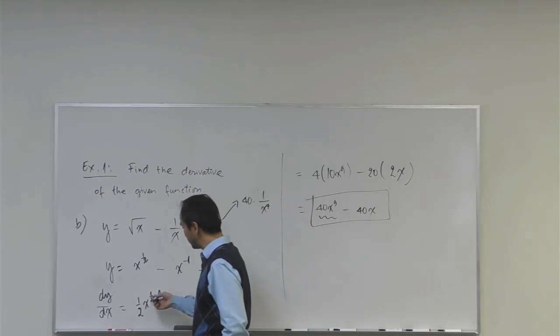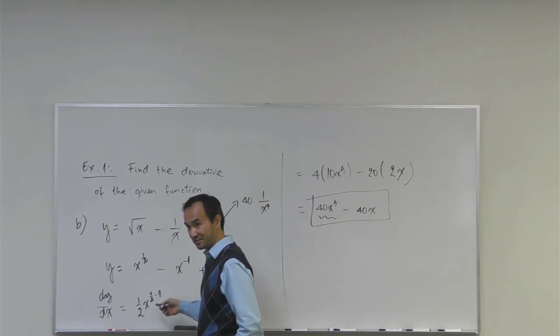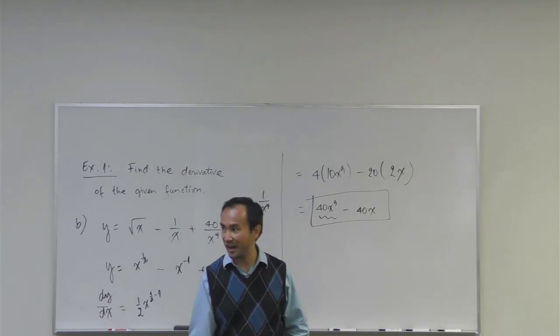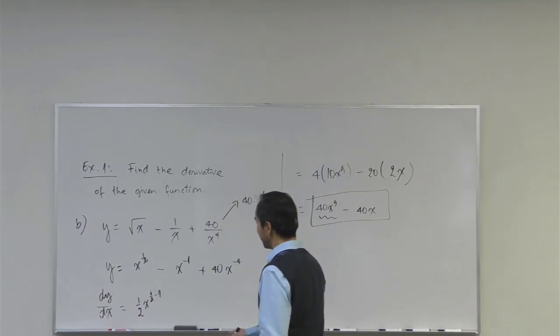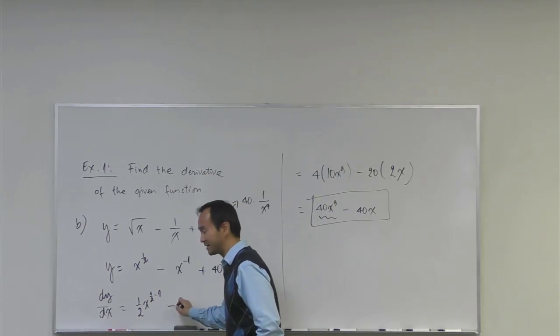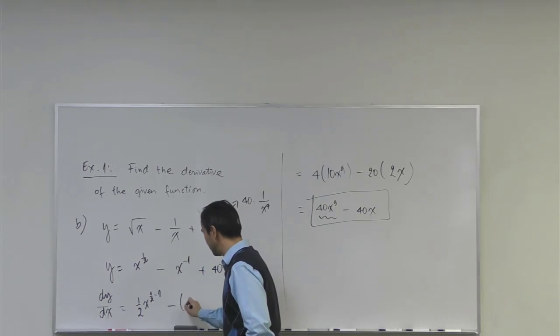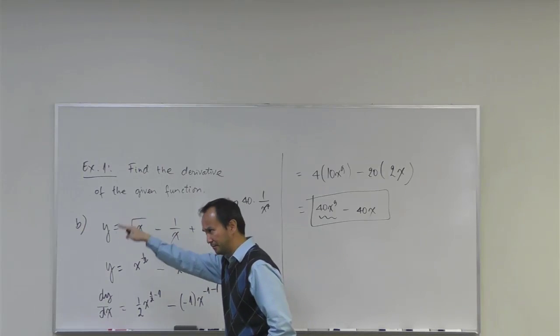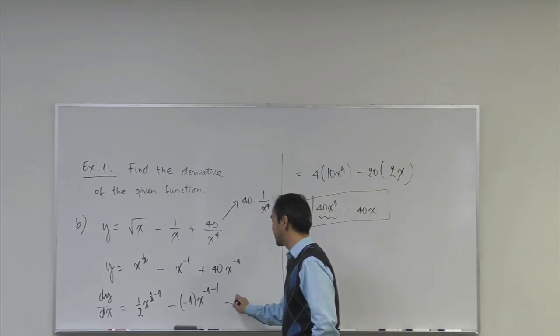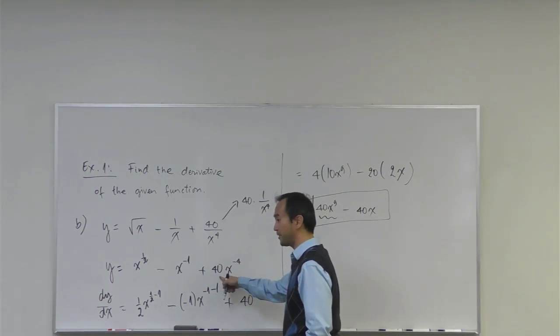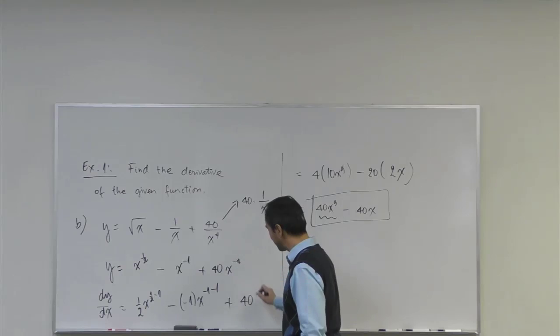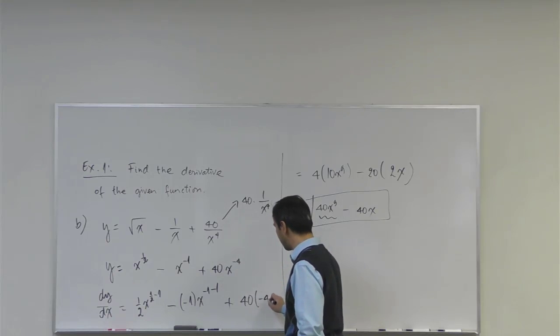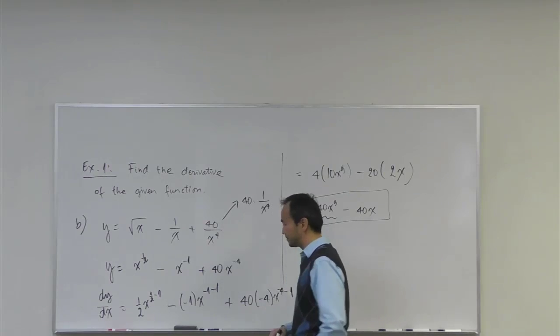I highly recommend to write down the subtract 1 like that so that it makes it clear on the calculation of the final power. And then the next term, yes, minus, right? The negative 1 multiplied down, negative 1 times x to the negative 1 minus 1, original power minus 1. And the last term here, 40, coefficient, right? The derivative on the x to the negative 4 gives me minus 4, times x to the negative 4 minus 1 again.